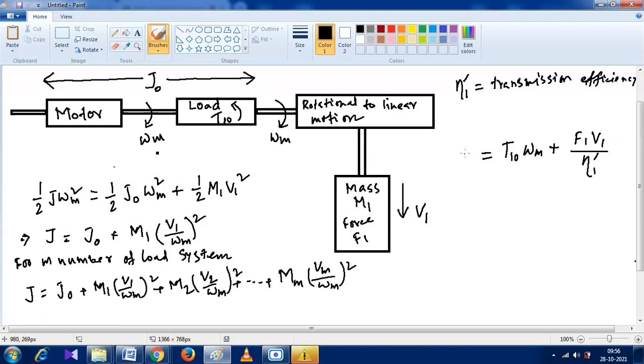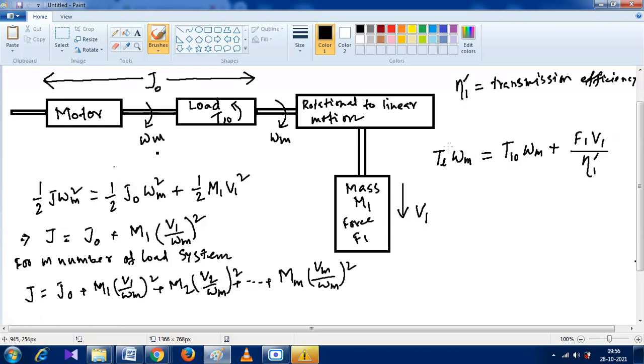And if we consider the total load torque is TL, then what is the formula of total power? If we consider the total load torque is TL and the system is rotating with omega m, then the formula of the power is TL omega m.